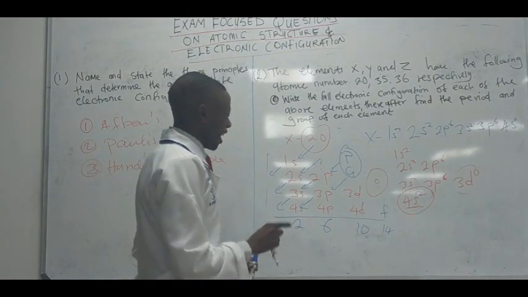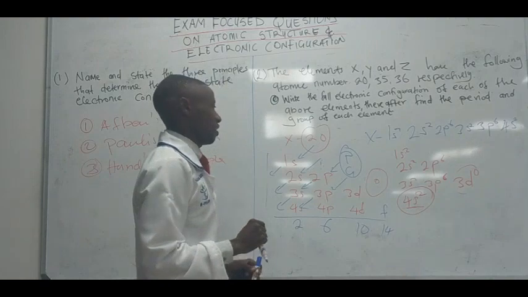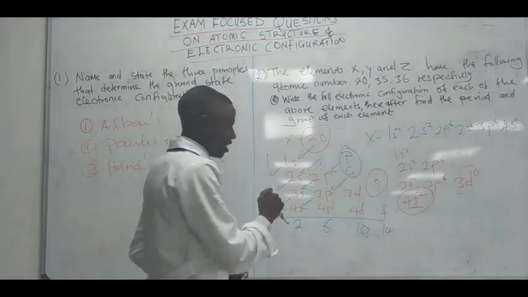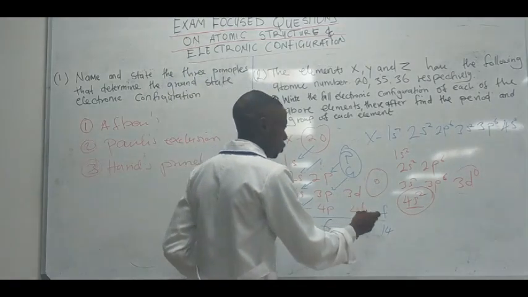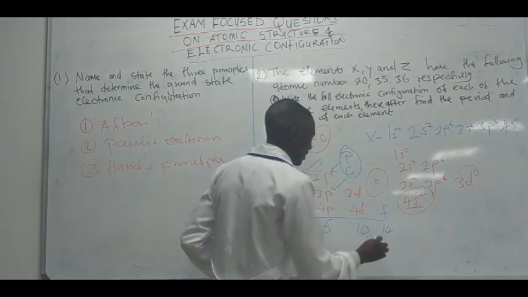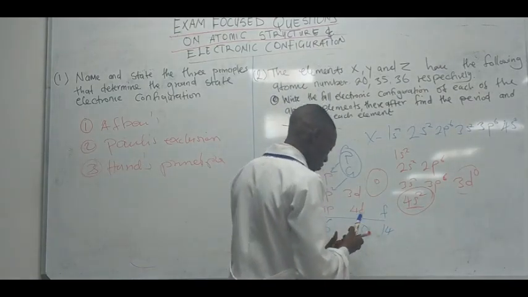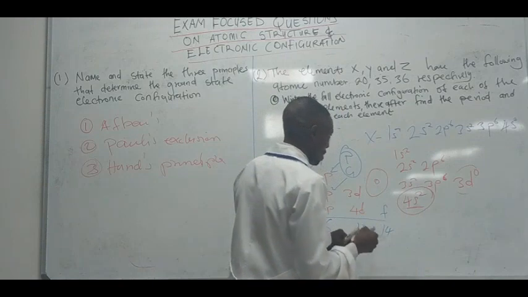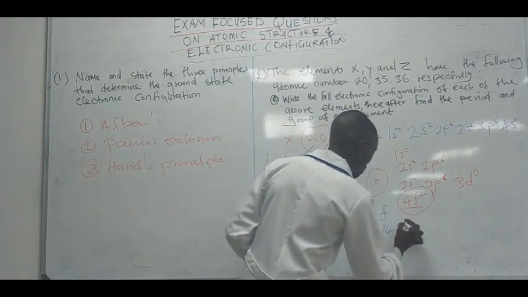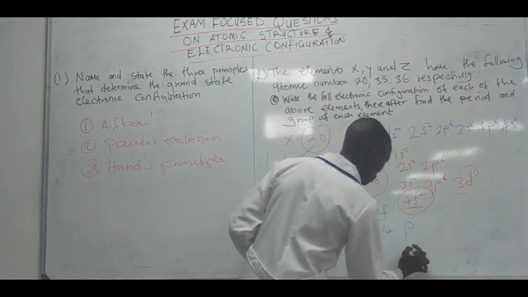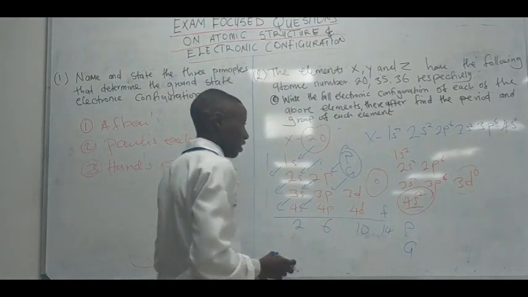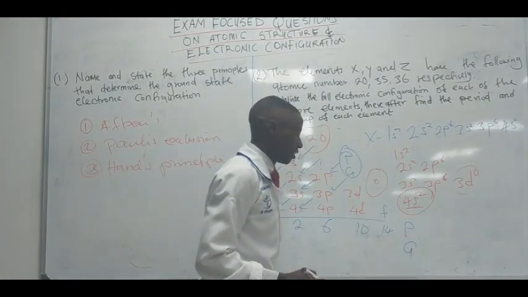Okay, so I believe in the previous lecture with my colleague, he did a very good job on this one. So from here I'm going to come up with my period and also group. So what's my period?